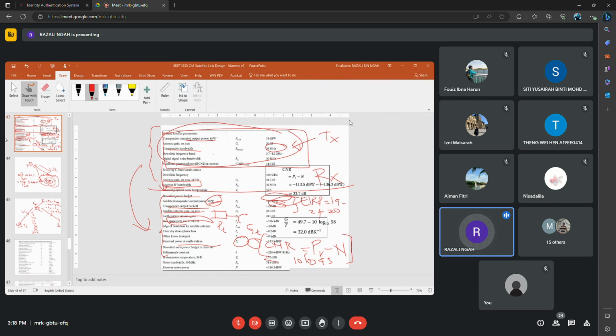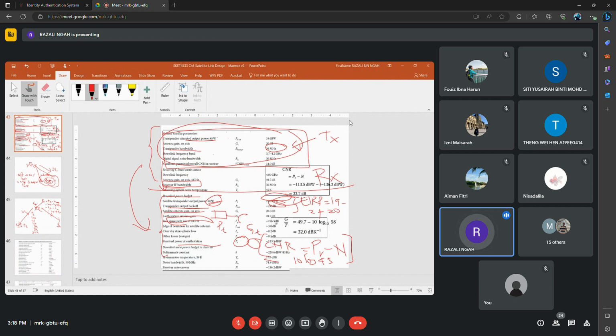And then BN, you refer to the receiving station IF bandwidth of 30 megahertz. So this is 10 log 30 megahertz. You can see the unit is hertz. That means you have to 10 log 30 million, not 30 only. It's different from when you determine the free space path loss.